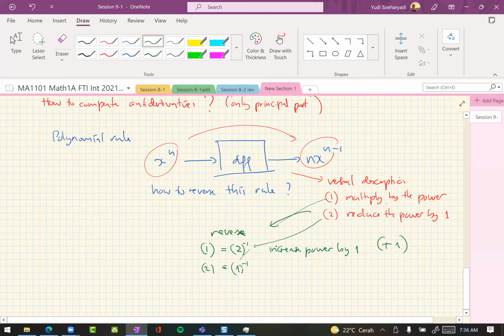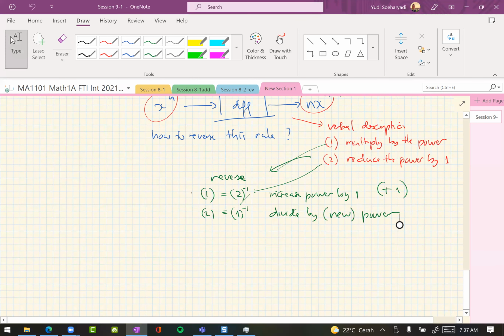Step 1, you multiply by the power. Here you divide by the power too. But the power here is not the old one but the new power. The new power is the one that's already increased by 1.